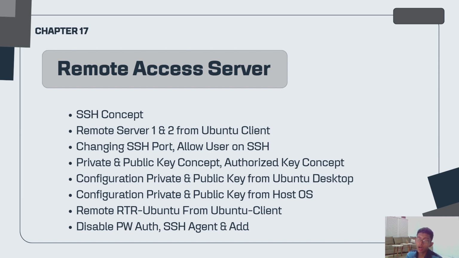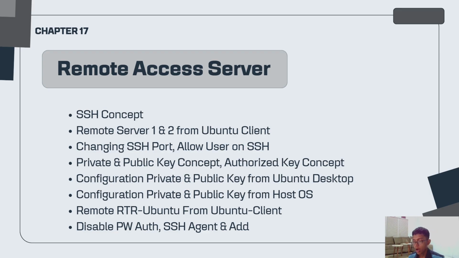Before, we already successfully could remote the server and the router, and also using public and private key. So we can use two methods, which is using the authentication of password and user, and also using private and public key.